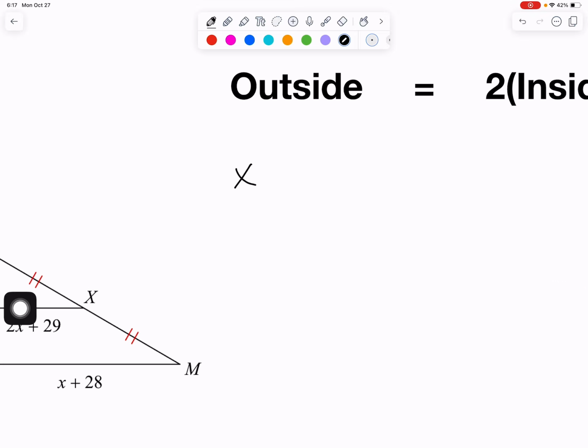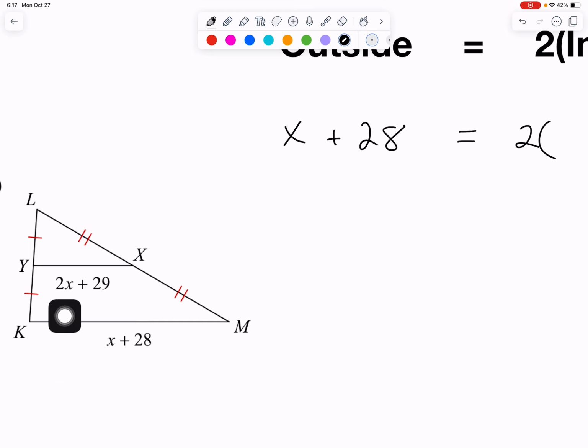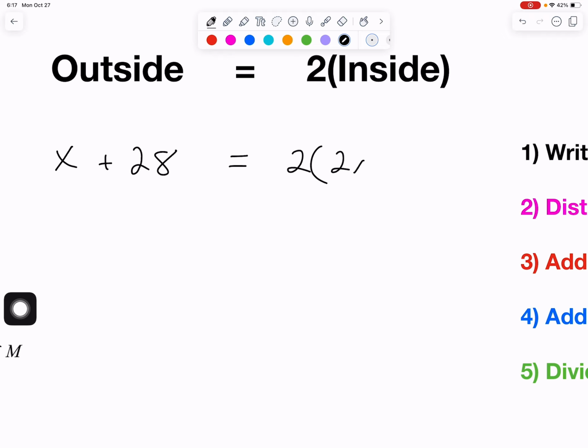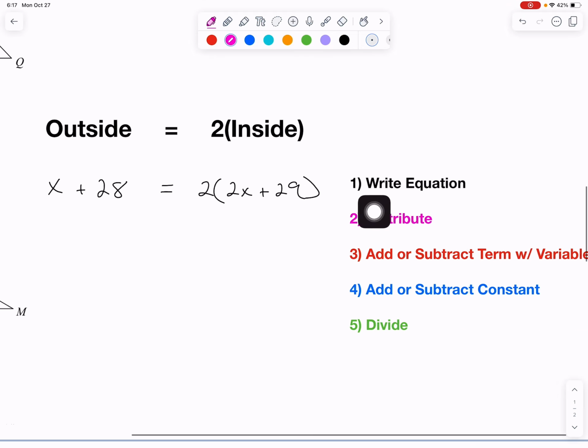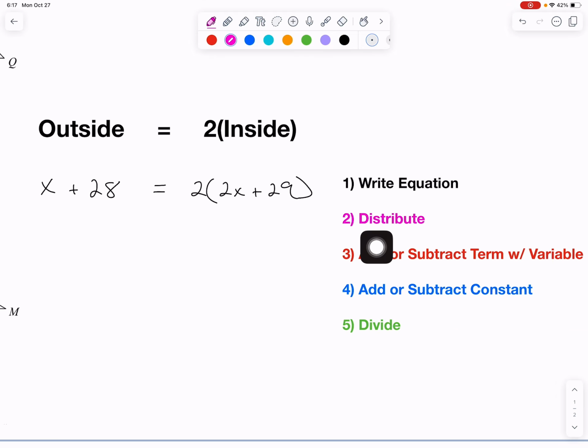So we're going to set up: bring down the equals, write down the 2, open a parentheses, and what's on the inside, our mid-segment? 2x plus 29. Parentheses closed. Step 1 out of the way, now we just simply solve.